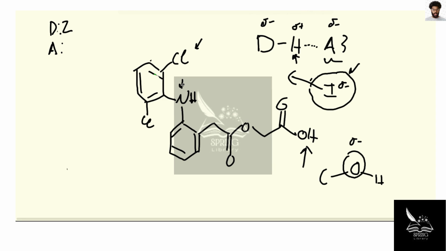Okay, so given that we're ignoring the chlorines for now, let's tally up our hydrogen bond acceptors. Well, nitrogens are also somewhat electronegative compared to the carbons they're attached to, and nitrogens make both hydrogen bond donors and acceptors. So this nitrogen is one. Any of our oxygens can serve as hydrogen bond acceptors.